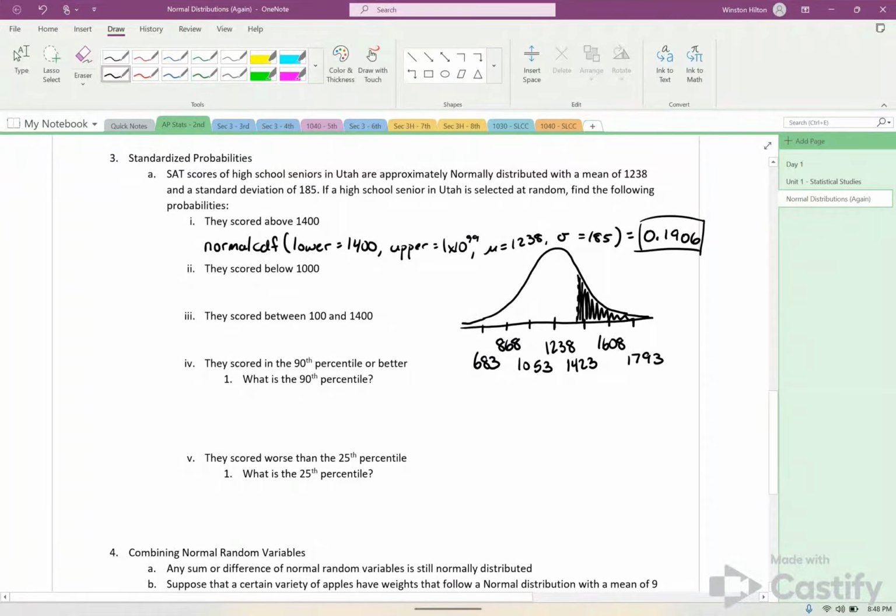Finding the probability that they scored below 1,000, I'll do that in red. That would be roughly this probability right here. Once again, if you use a calculator, you'd have to write it out that way. I don't want to write it all out again, so you can do that on your own. I believe in you.